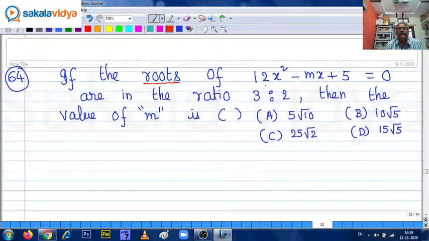If the roots of 12x square minus mx plus 5 is equal to 0 are in the ratio 3:2, then the value of m. Here apply the super shortcut.